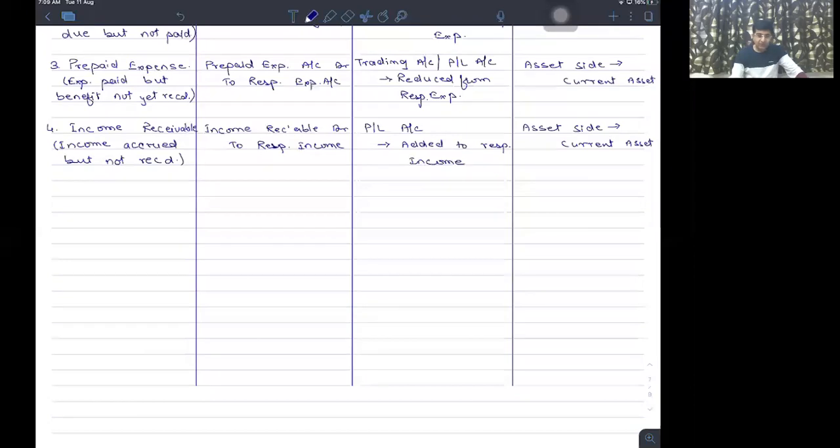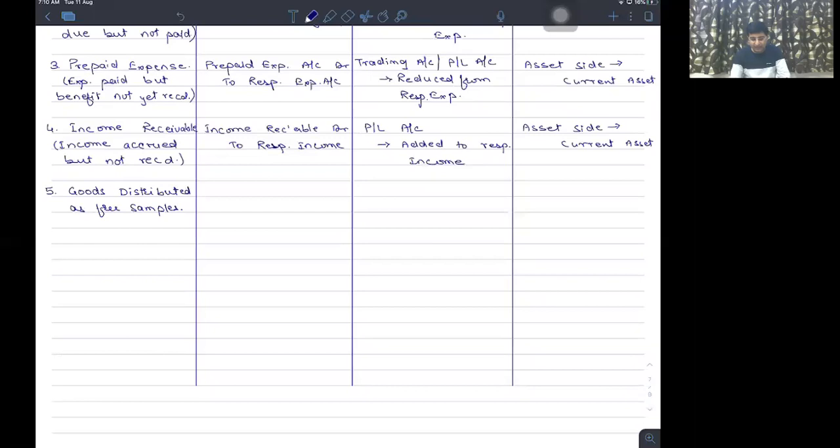Okay. Let us talk about the next adjustment now. That is goods distributed as free samples.